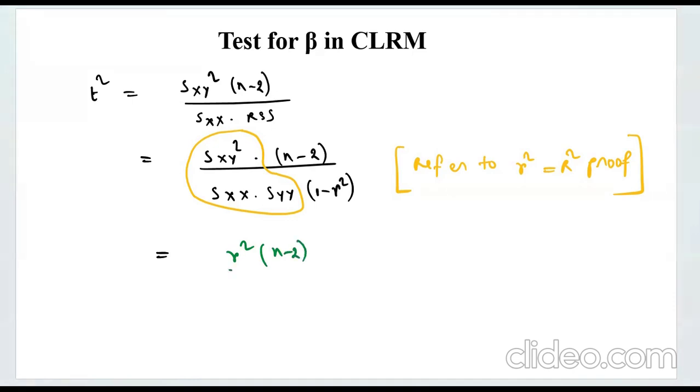Then you have n minus 2, and then you have 1 minus r square. So what do you get? T square is this particular thing.